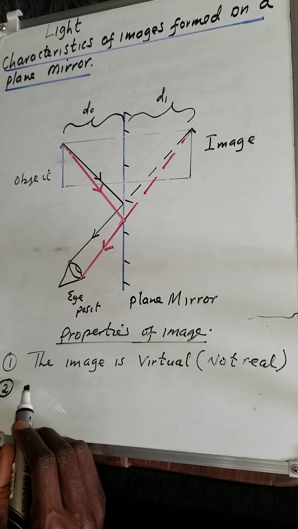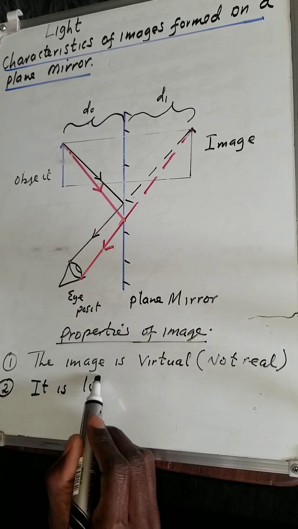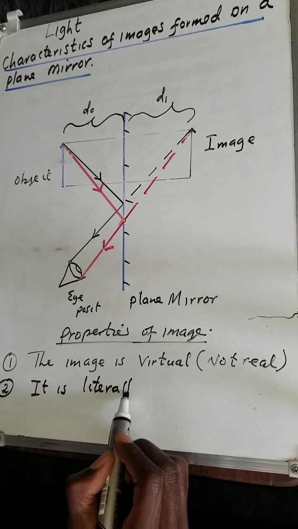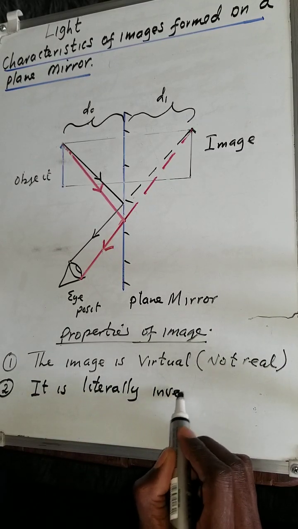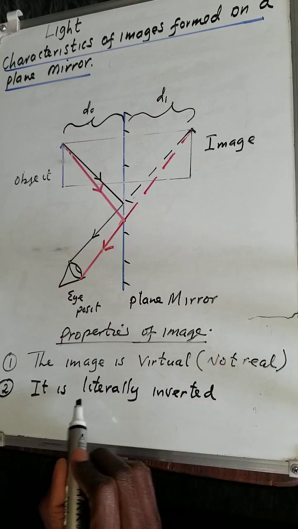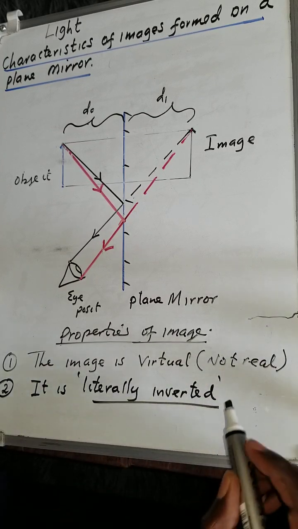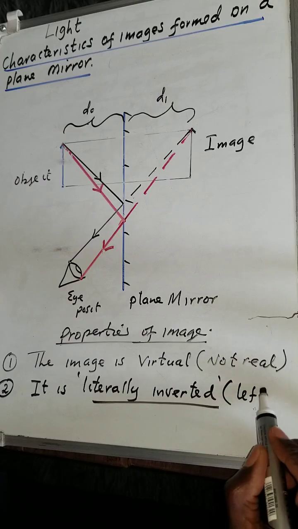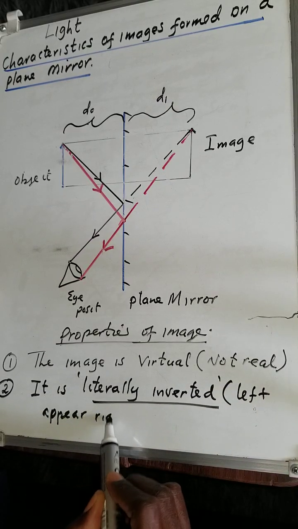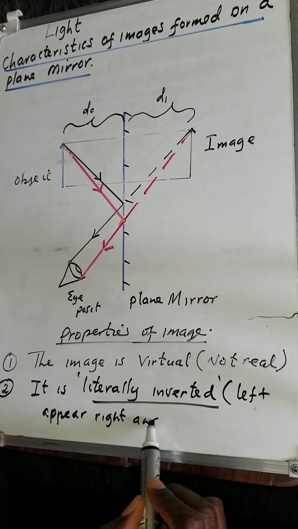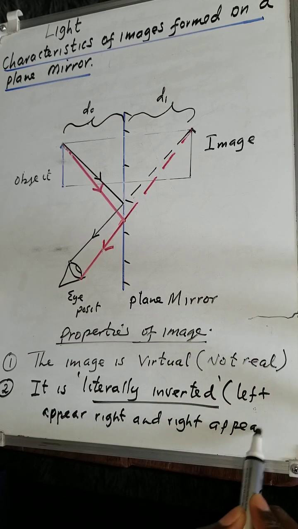Then two, we can simply say that it is laterally inverted. Now what do I mean when I say it is laterally inverted? Well, we mean left appears right, and right appears left.